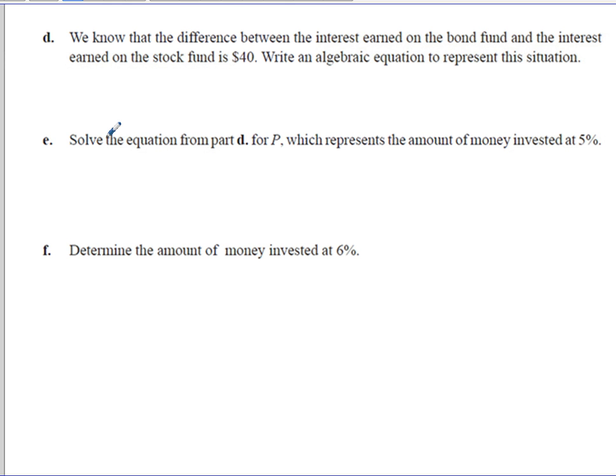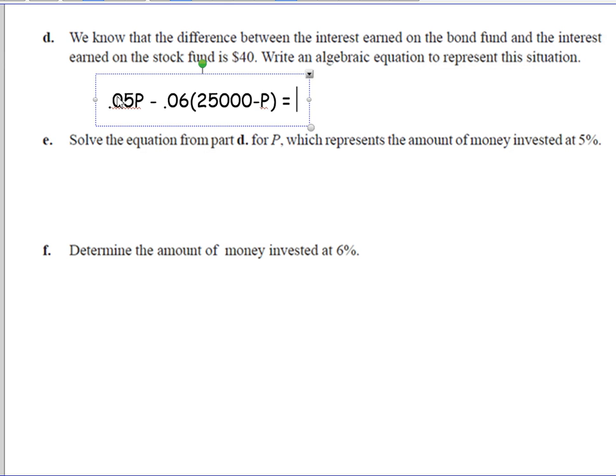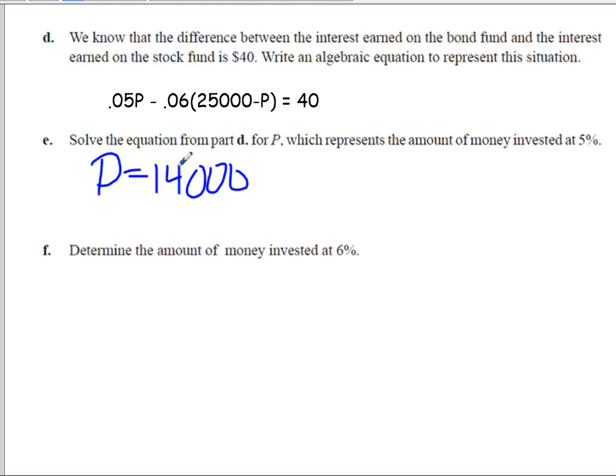Okay. And so our equation that we built, again, was 0.05P subtract the 0.06 times the 25,000 minus P, and the difference equals $40. And so we had found that P represents the $14,000, and that's the amount invested in our 5% interest.